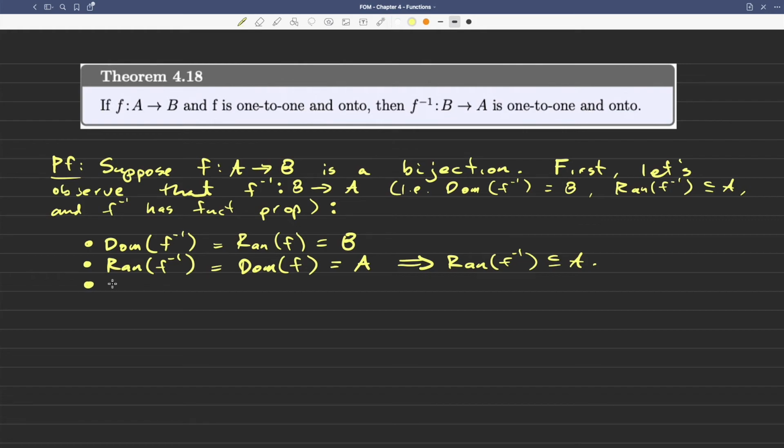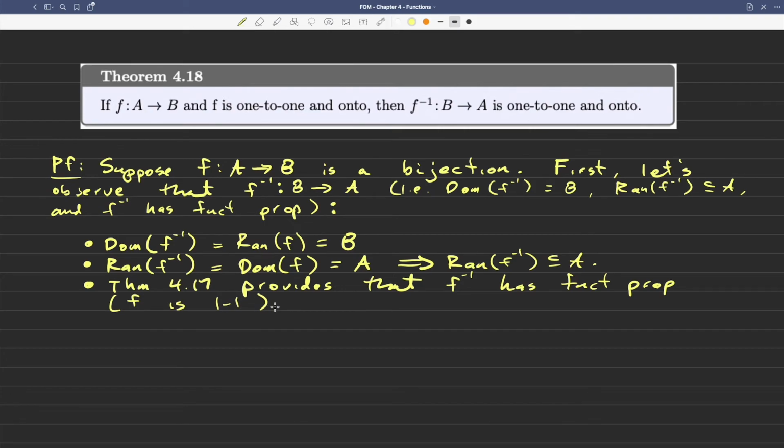And the previous theorem, theorem 4.17, provides that f inverse has the function property, because we have f is 1 to 1 here, and that's what the previous theorem said. The previous theorem said that if f is 1 to 1, then your inverse is going to have the function property. Okay, so we know that f inverse is a function from B to A, and now we want to establish a little bit more, that the inverse also is 1 to 1 and onto. So let's point out why f inverse is 1 to 1.